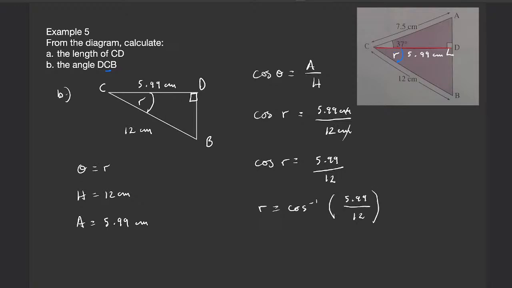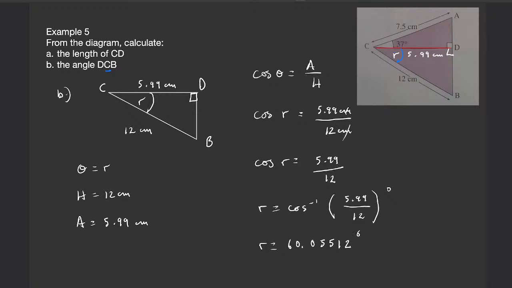All right. Of course, that will give you your answer in degrees. So go to your calculator. Remember, do your shift or your second function to get your cos inverse, and then you do 5.99 divided by 12, and you find your cos inverse of that. And I got R is equal to 60.05512 degrees.